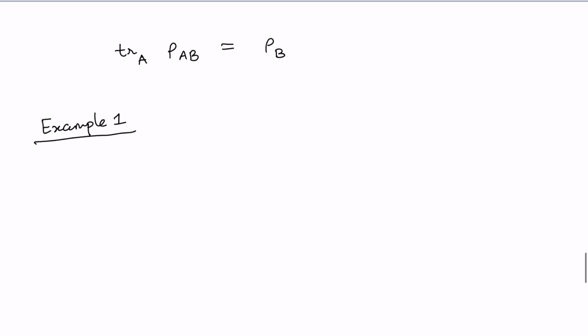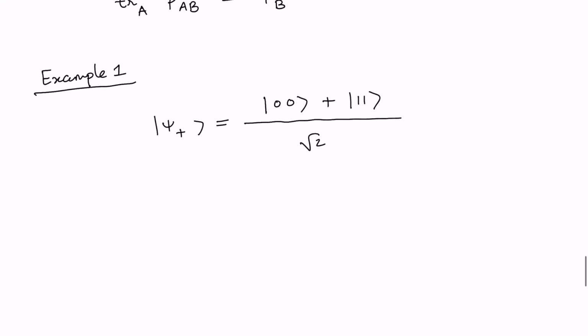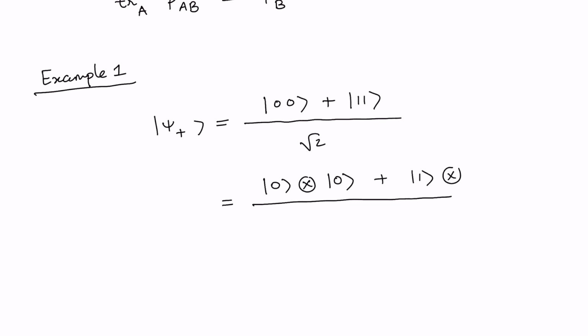Let's say we have a 2-qubit system described by this quantum state, say ket psi plus, and this 2-qubit quantum system is 00 plus 11 divided by root 2. Let me elaborate it further. What I mean by this is I have ket 0 tensor product ket 0 plus ket 1 tensor product ket 1, divided by root 2.